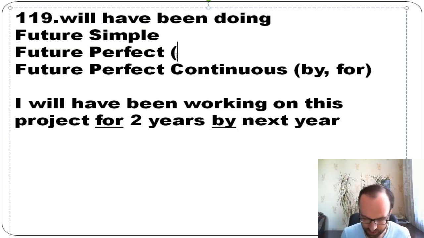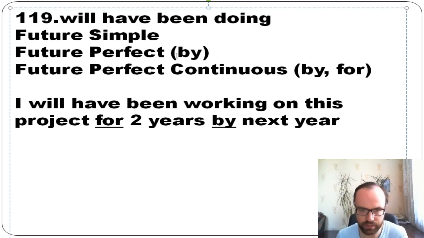Use future perfect if you have by some time in the future, and future perfect continuous by some time in the future and for some period of time. So two things. Look, I will have been working on this project for 2 years by next year. So by next year, this is an element of future perfect, and for and by are elements of future perfect continuous.